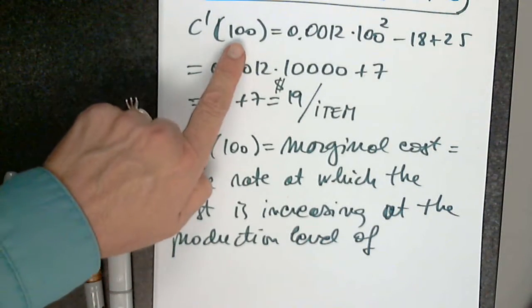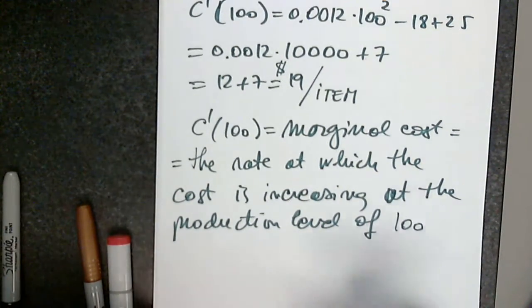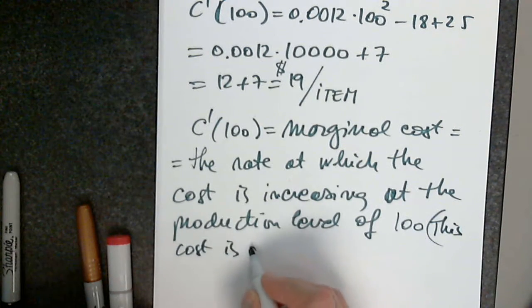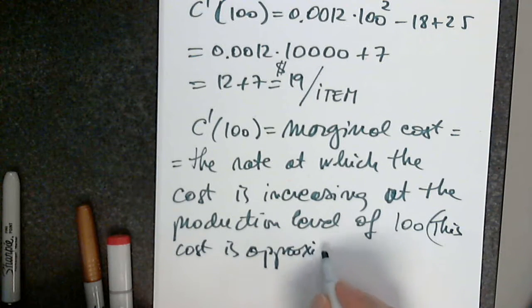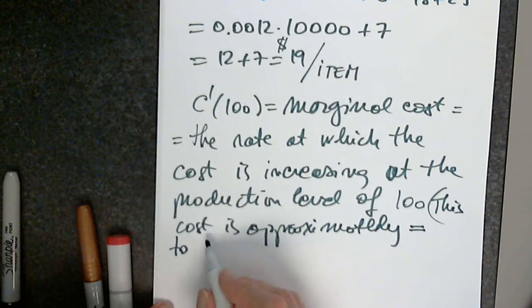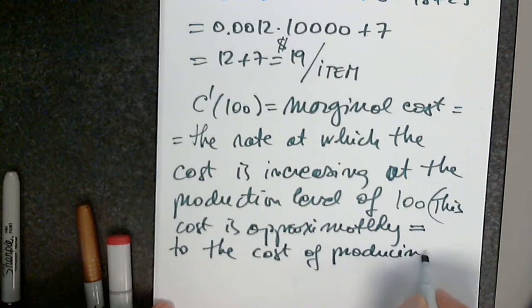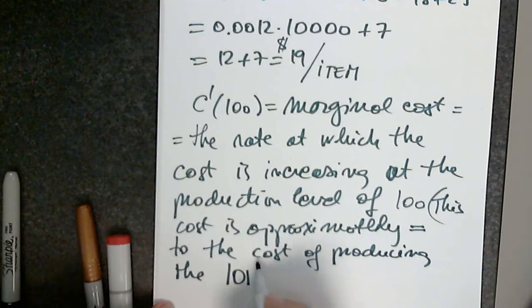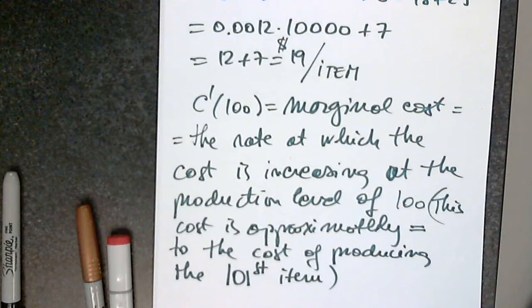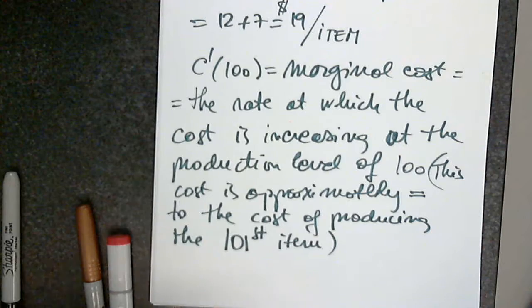At the production level of 100. And you will see in a minute this cost is approximately equal to the cost of producing the 101st item. It predicts, if you want, the cost of producing the next item, the 101st.